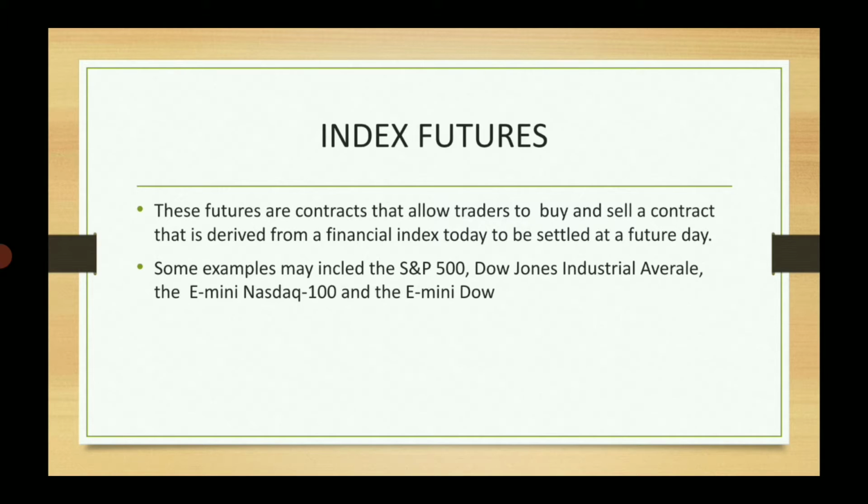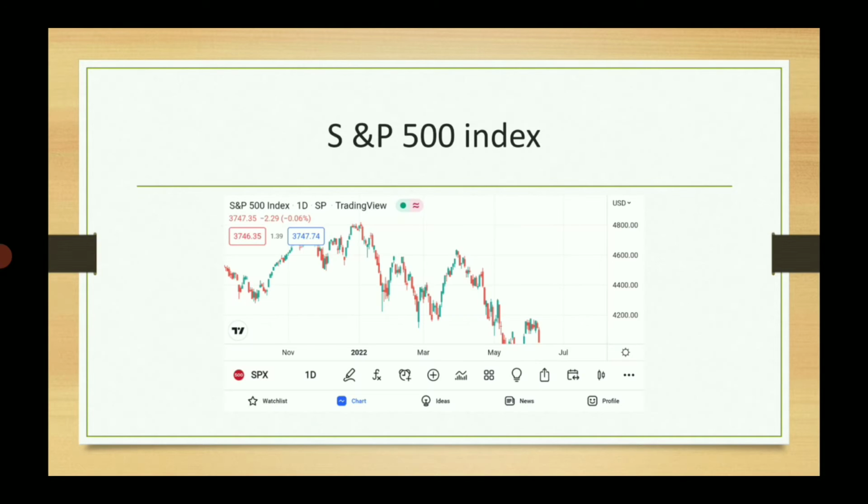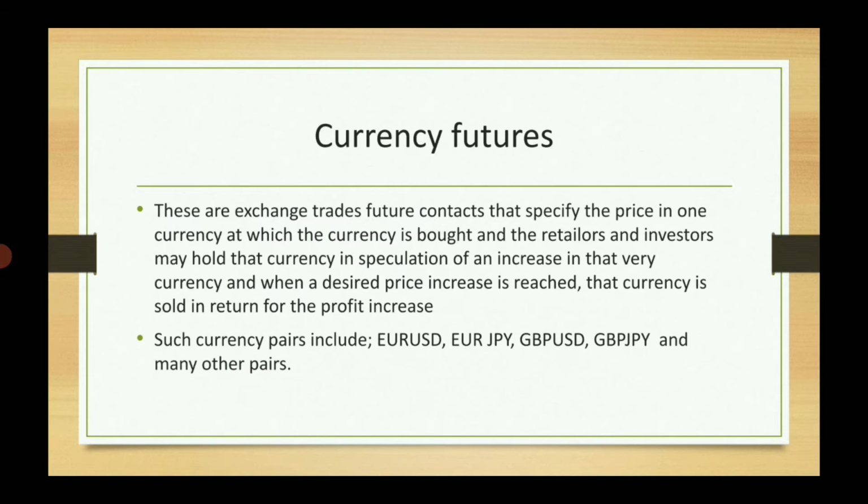Some of the indices include the S&P 500, Dow Jones Industrial Average, and E-mini Nasdaq 100. So S&P 500, as you can see, all these charts may look alike, but they cover different commodities and different futures.